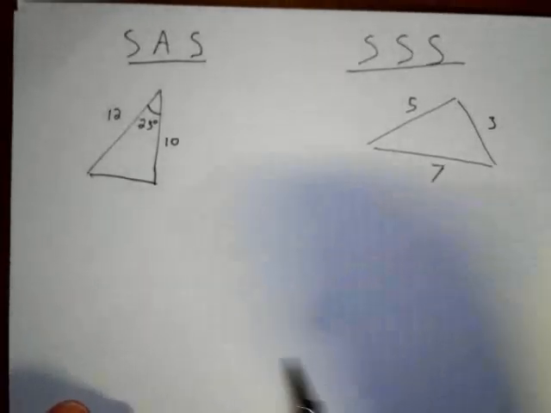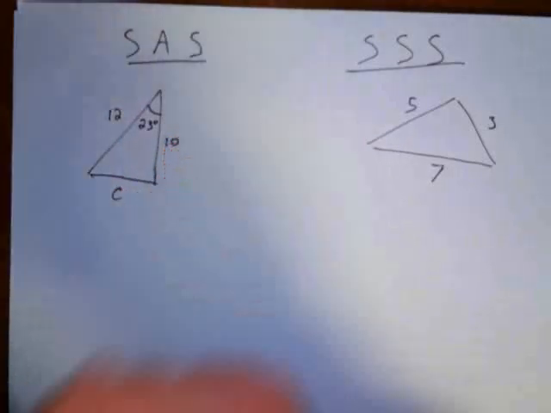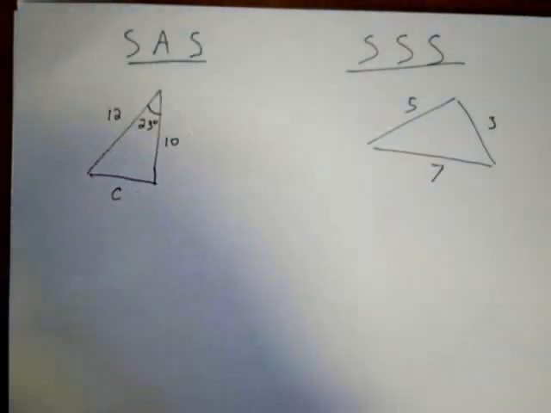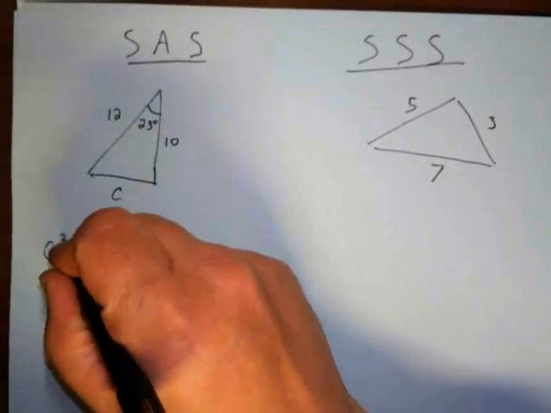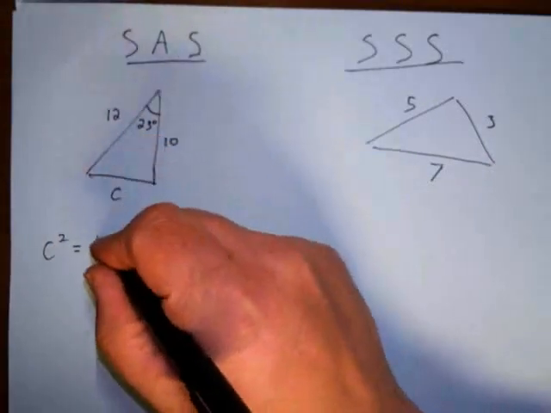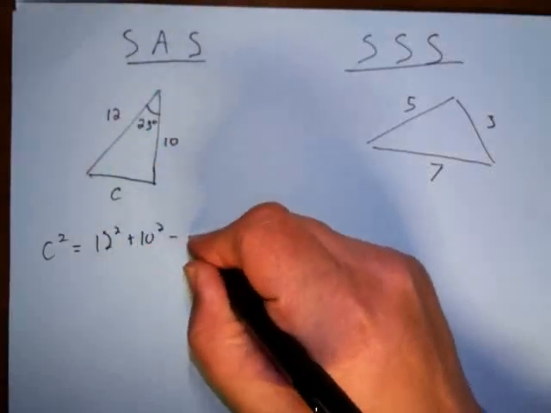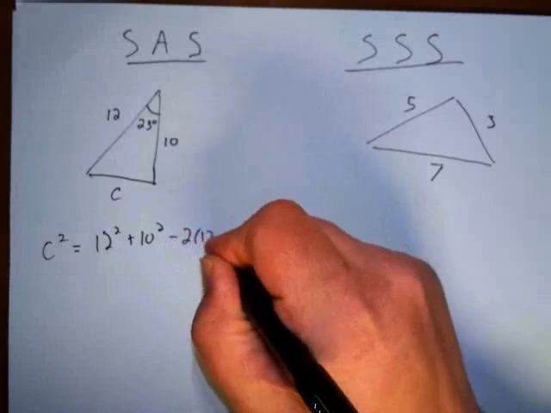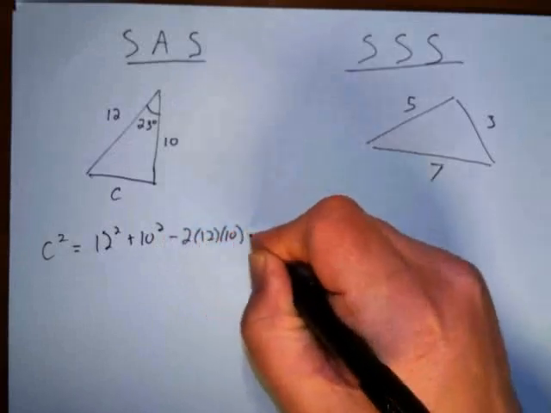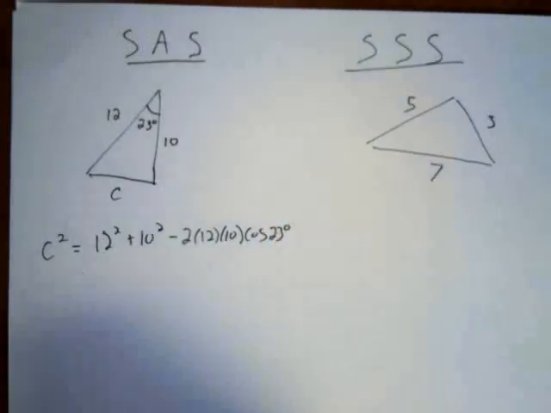So the way that you would use the law of cosines is this side would be your C. And then I could say that C squared is equal to, this is your A and B, so it'd be 12 squared plus 10 squared minus 2 times 12 times 10 times cosine of 23 degrees.